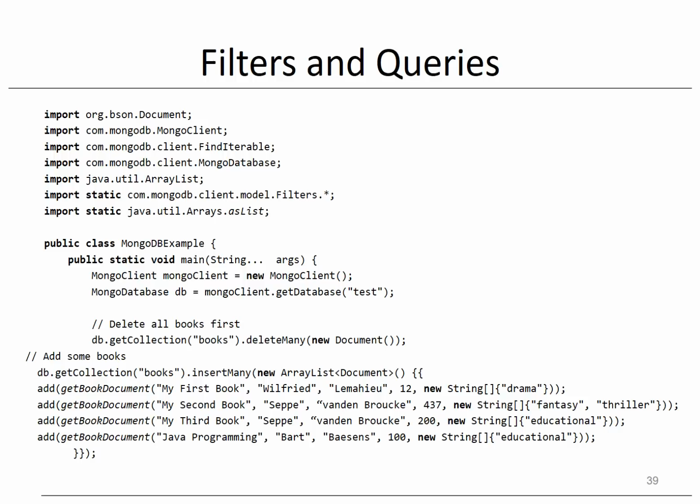Next, we use the deleteMany method to delete all entries in the books collection. This method needs a filter condition, but since we wish to delete all entries, we pass a blank document here. Next, we add some books using the insertMany method. Each book is constructed using a static helper method, getBookDocument.